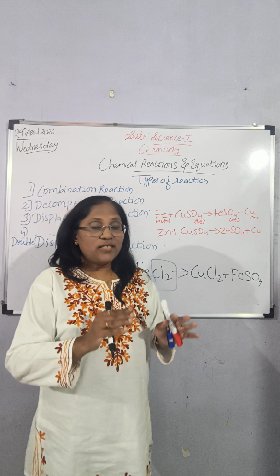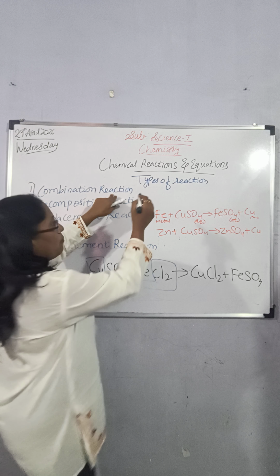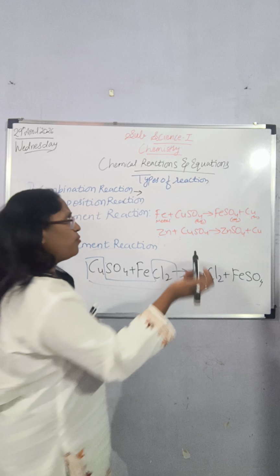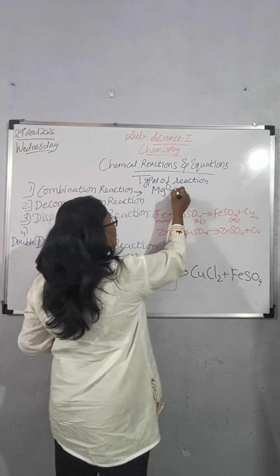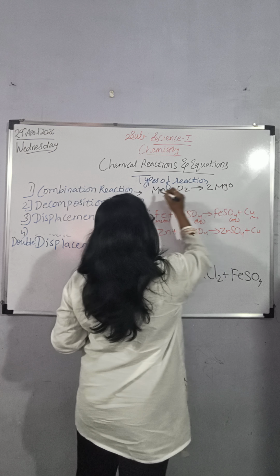So in types of reaction, what we had seen: combination reaction. What happens in combination reaction? Only the reactants combine to give a product. For example, magnesium plus oxygen gives magnesium oxide.